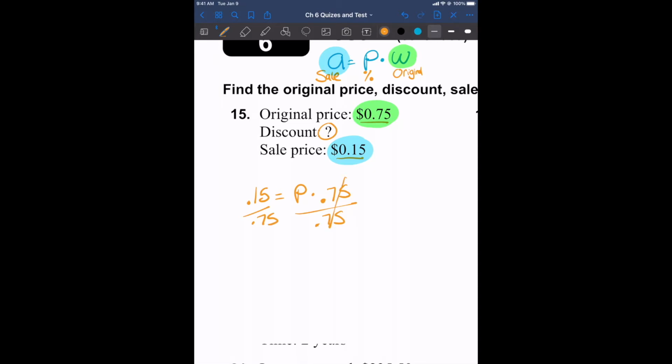Okay, on my calculator I'm going to put 0.15 divided by, sorry guys, my video cut out, but here's where we were. 0.15 divided by 0.75, you get 0.2. Okay, so I'm looking for a percent, which means I need to move this over, and I get 20.